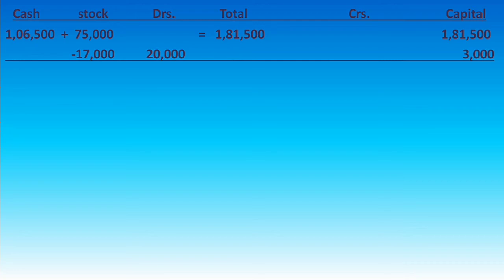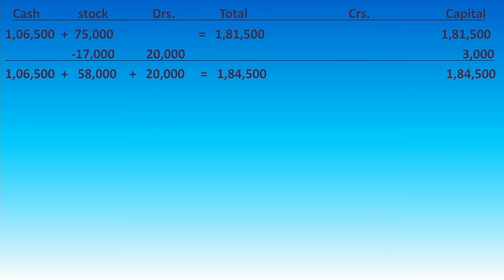Then minus 17,000 in the stock column, 20,000 in the debtors column and 3,000 in the capital column. Now the balance is cash 1,06,500, stock 58,000 and debtors 20,000. Total of assets 1,84,500. Capital balance 1,84,500. Here also total of assets is equal to liabilities plus capital.